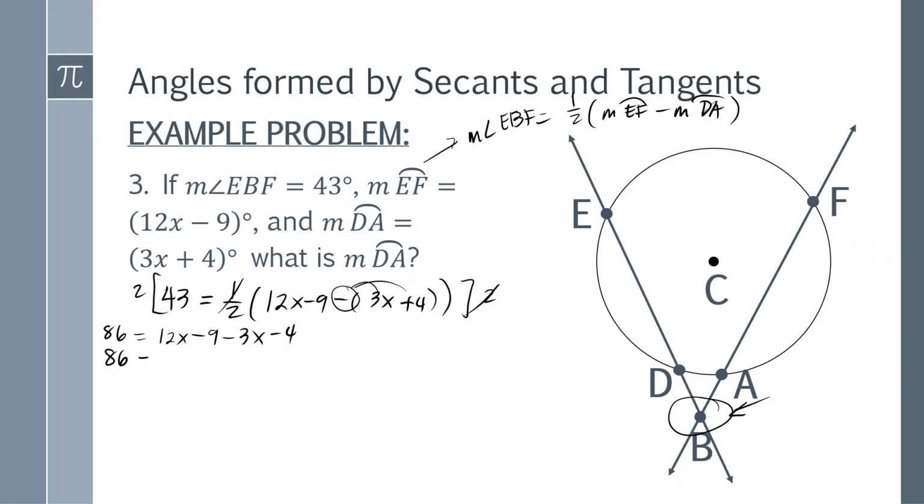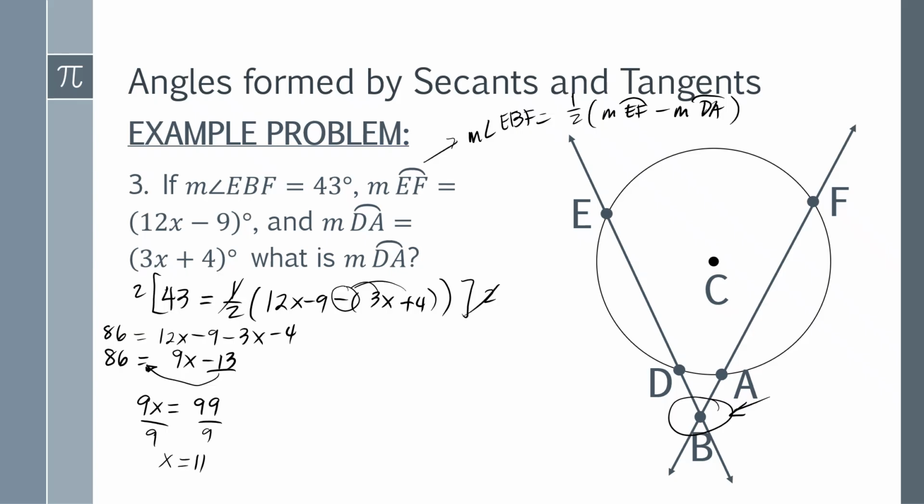This is 86 is equal to 12x minus 3x is 9x. Negative 9 minus 4 is negative 13. And then you have to transpose negative 13 to the other side. So therefore, 9x here is 99. Then divide both sides by 9. So therefore, x here is 11.